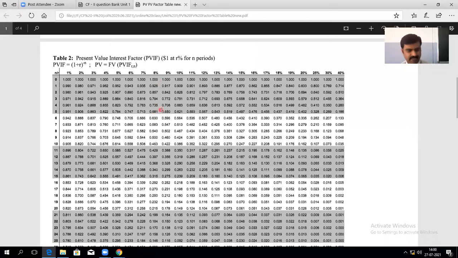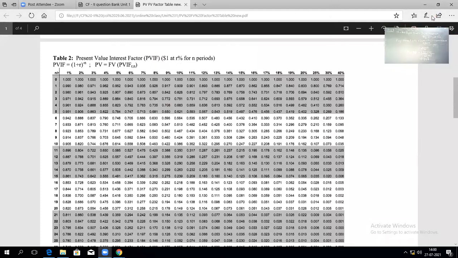That is for 8%. Then 10%, you can see first year is 0.909, second year 0.826, then 0.751, 0.683, then 0.621. So these are the factors we want to take now.